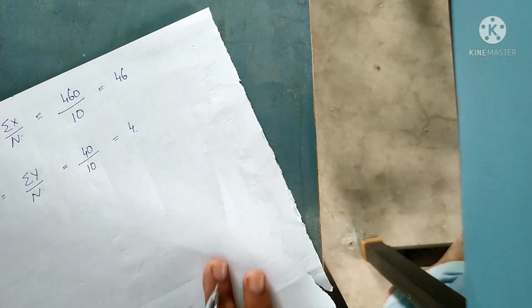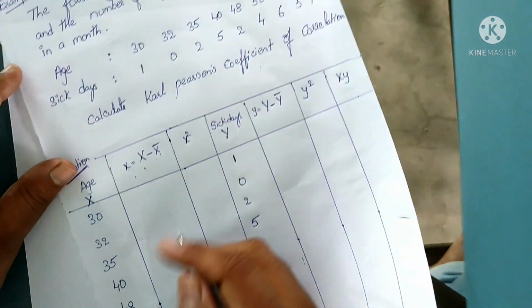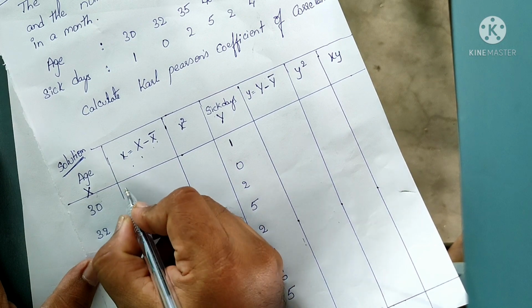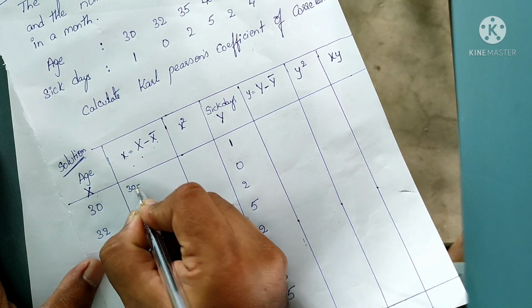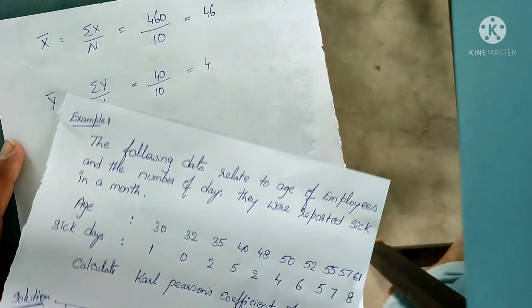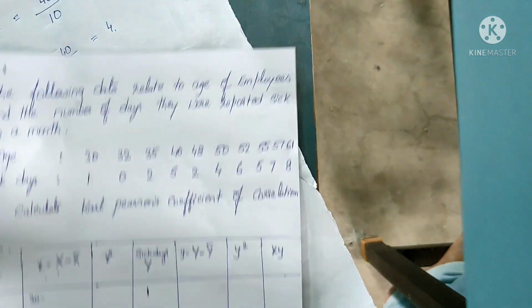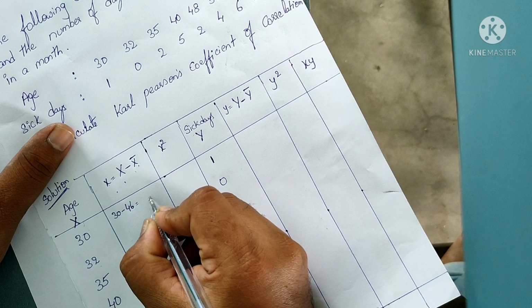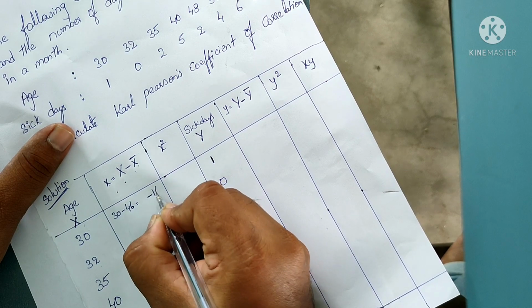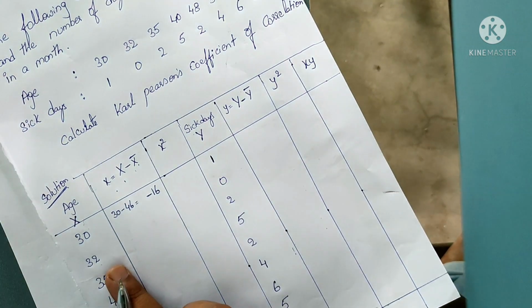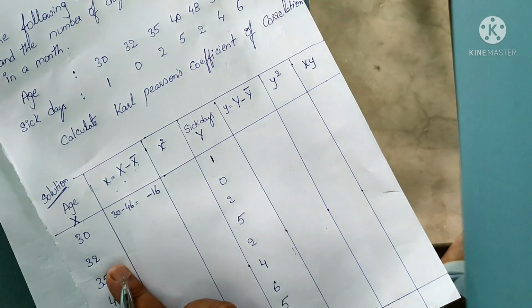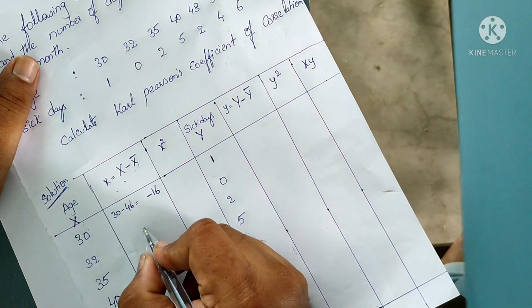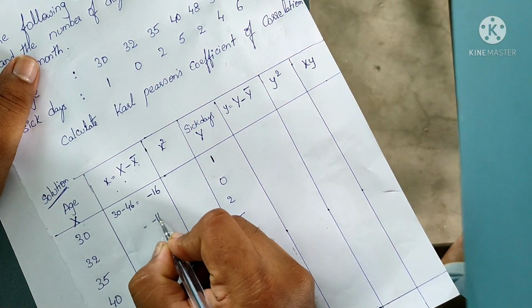Now x equals x minus x bar. That is 30 minus x bar, and x bar value equals 46. So 30 minus 46 equals minus 16. Similarly 32 minus 46 equals minus 14.